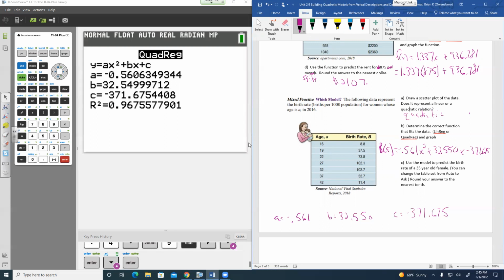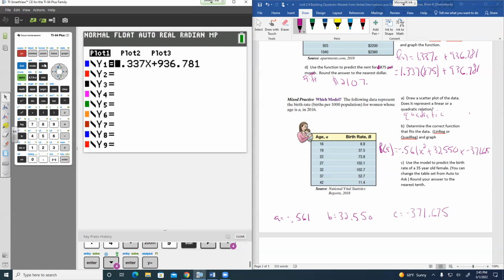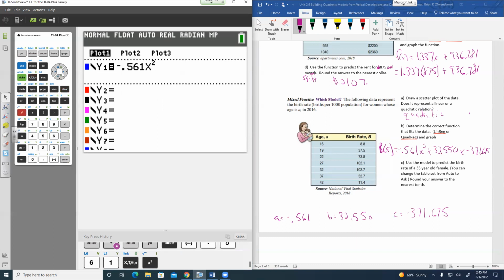So let's go ahead and put that in the calculator and see what that graph looks like. We'll clear that one off. So we have a negative 0.561 x squared plus 32.550 x minus 371.675.